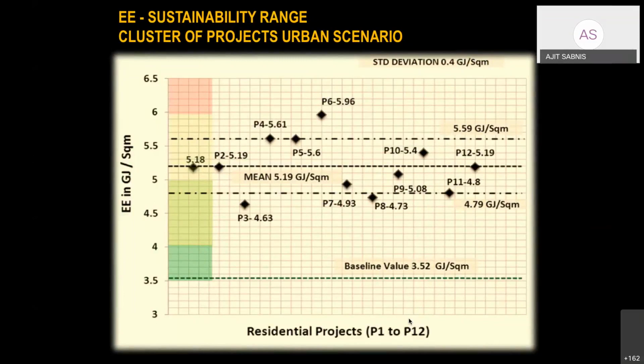If you draw a graph between the embodied energy and the number of projects, this is the baseline value: 3.52 gigajoules per square meter is the baseline embodied energy value. And we have the mean value of about 5.19. Then we have the standard deviation.